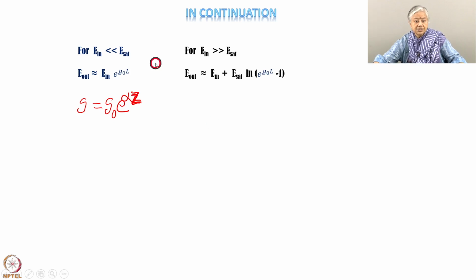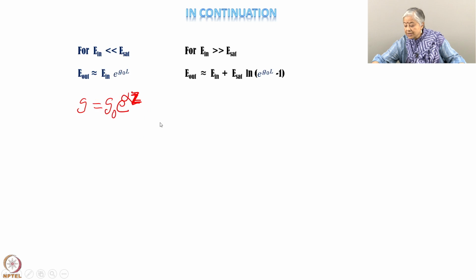Here you can see these two are just the same. Alpha is the same as G0, and Z is the length along which the beam is travelling, here replaced by L. S0 is the initial flux, I called it flux at that time, but it could be energy E in. So, these two are very much similar.